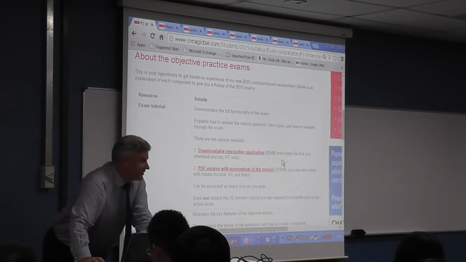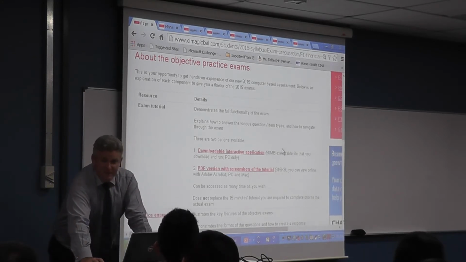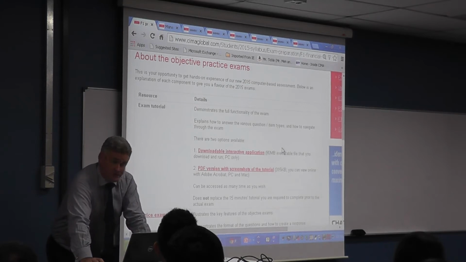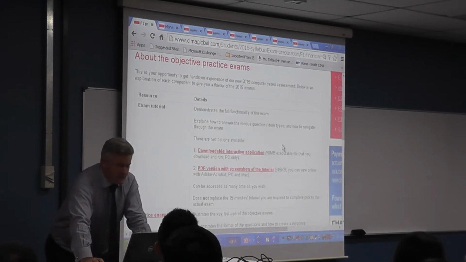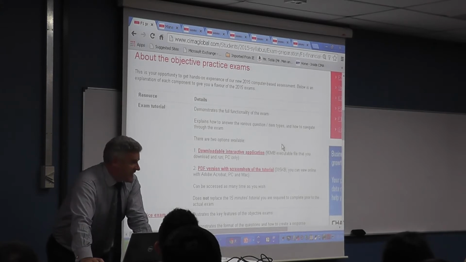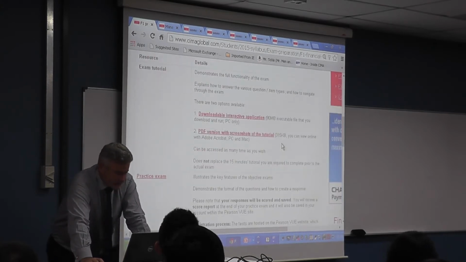That one is a non-accounting exercise, probably takes about 15 minutes to run through, that shows you the full interactivity of our exam screens, with things like the on-screen calculator that we'll be making available, something we call the scratch pad, which is an area that you can make notes, brief written notes, and so on.